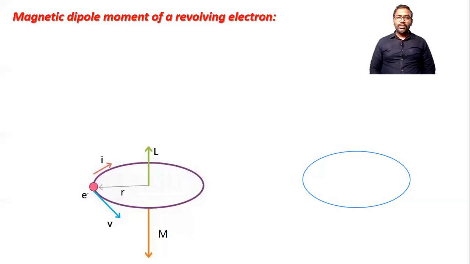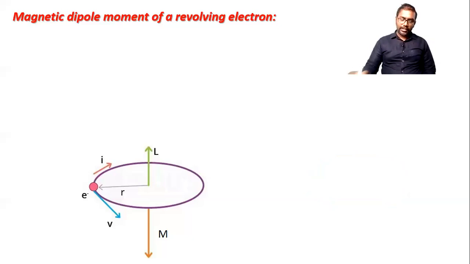Then let me find out the magnetic dipole moment of a revolving electron. We consider that the electron is revolving around the nucleus. Now here we consider some factors. First, small r is the radius. Then v is the linear speed of the electron.